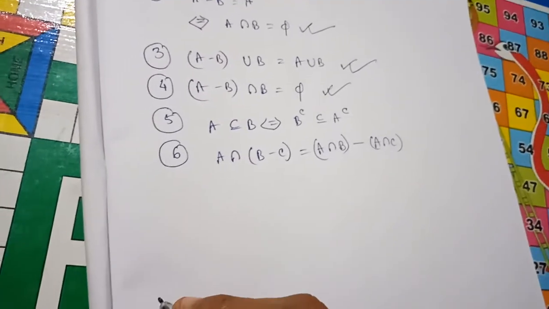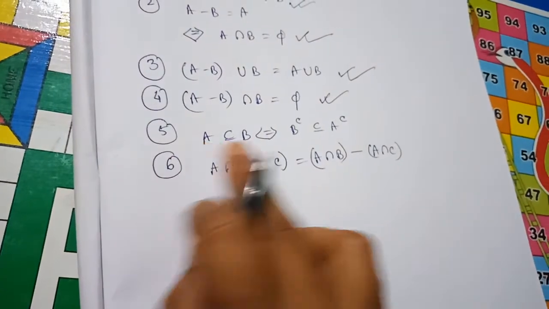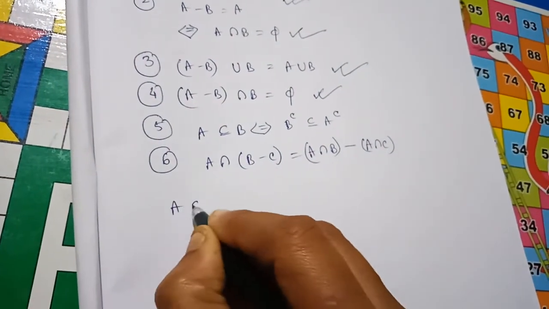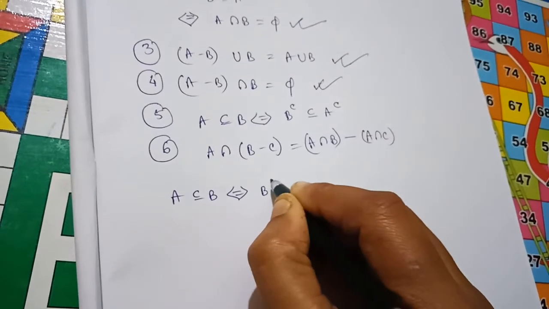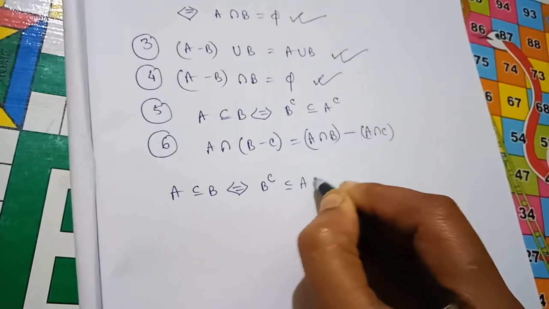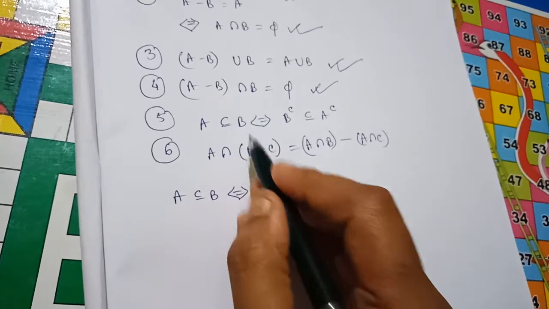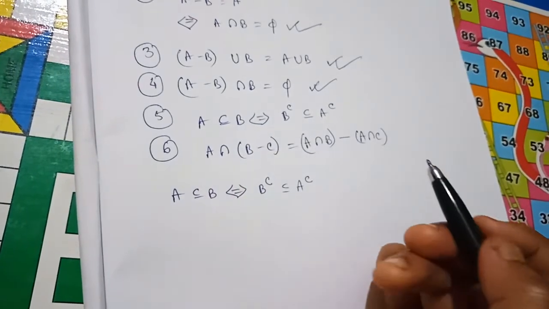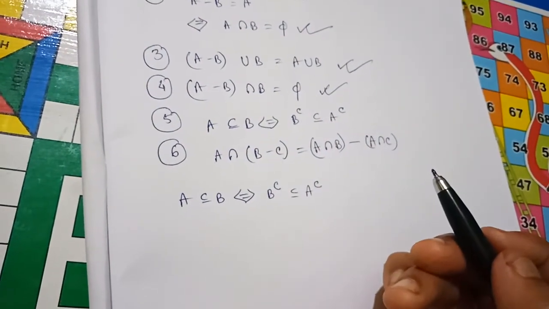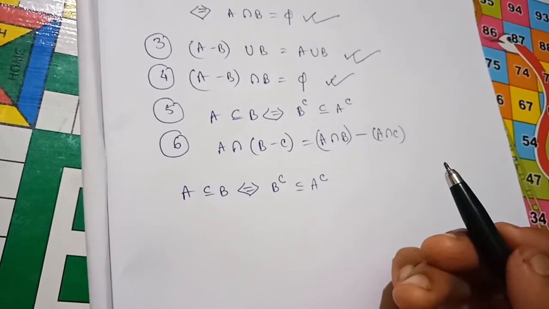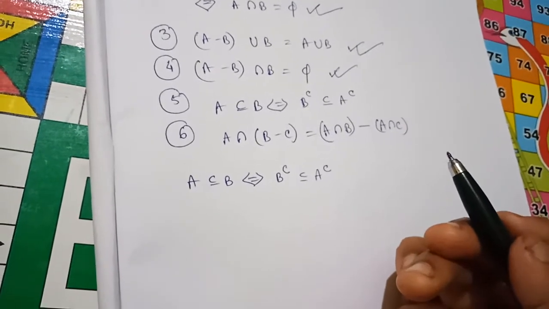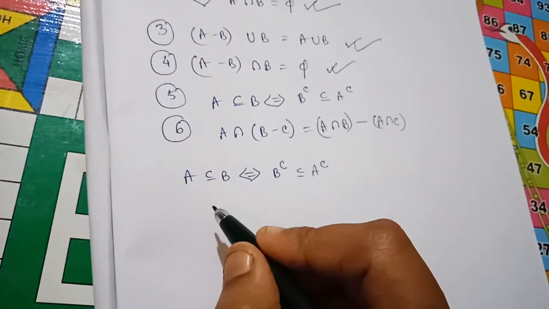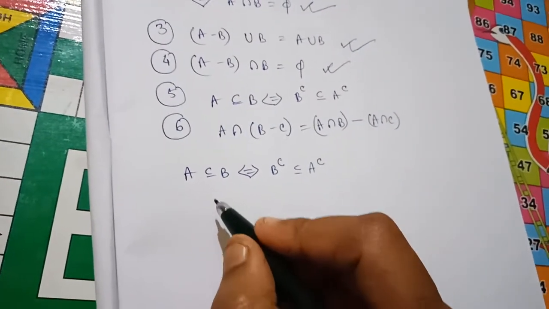For number 5, that is A subset of B if and only if B complement subset of A complement, I'm not using a Venn diagram, rather I'm doing it mathematically, with logical calculations. Set theory is actually one type of logic.